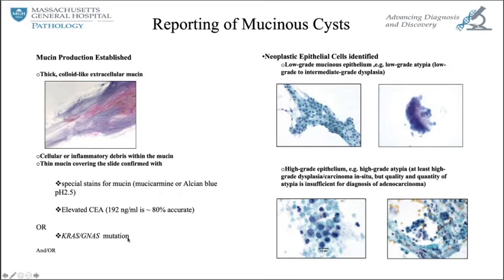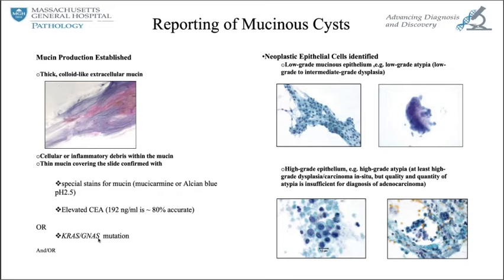Your genetic testing later can also add a lot of weight and preclude the patient from having to have a repeat procedure. So even if you said thin fluid, low CEA, no mucinous epithelial cells, it's non-diagnostic, a week or 2 later, it comes back with a KRAS or a GNAS mutation, that would change the whole scenario from a non-diagnostic FNA to a diagnostic FNA.